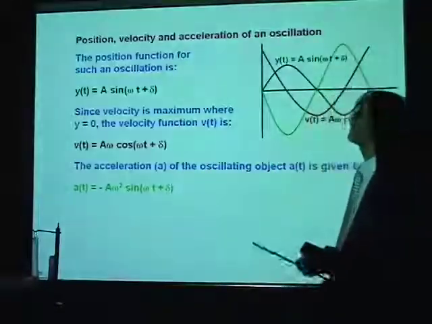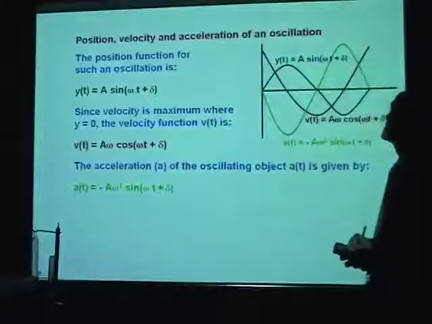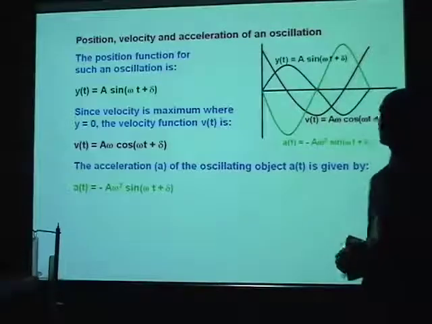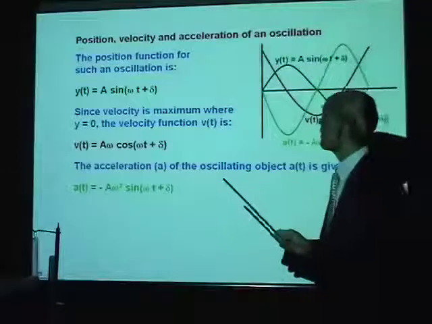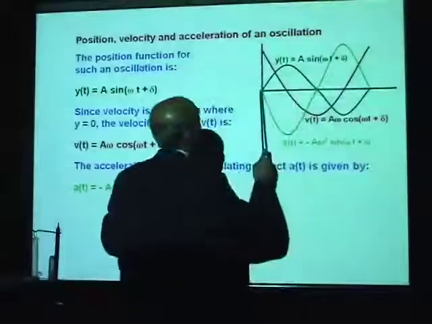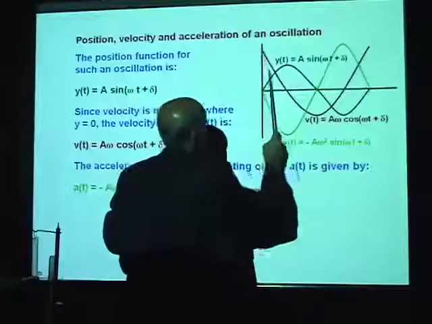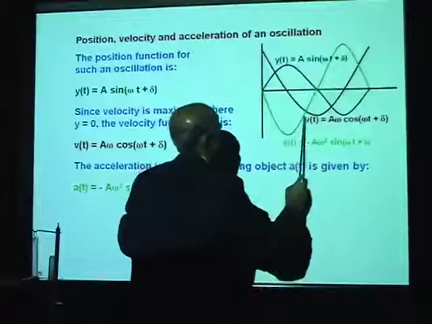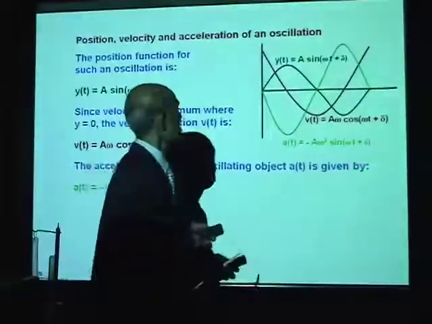Now look at the graph of acceleration. That is the graph of acceleration equal to negative a omega squared sine omega t plus delta. So here you got a summary of how the position changes with time, the velocity changes with time, and the acceleration of an oscillating object changes with time.